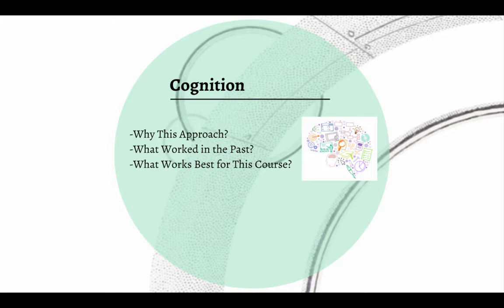A lot of thought goes into choosing the ideal model or theory for your course design. You typically draw upon past experiences, such as what worked and what didn't work, or what you'd like to improve. For instance, another instructional design model may have left out one key component that you felt was necessary for your course. You have the power to use all of this personal experience during the selection process.